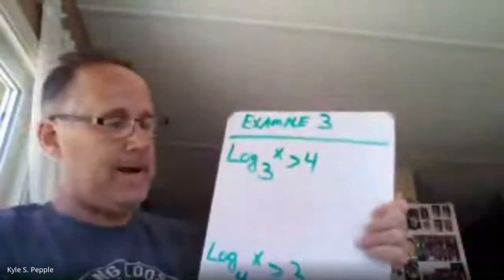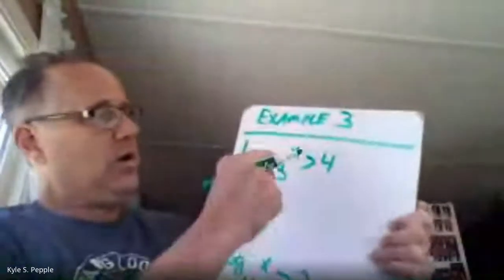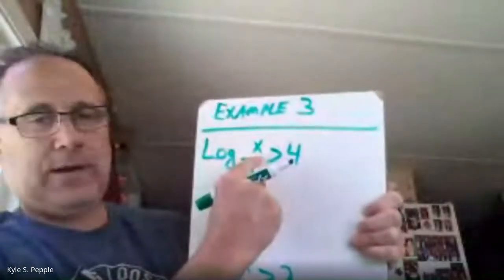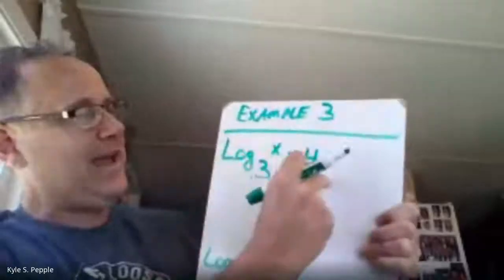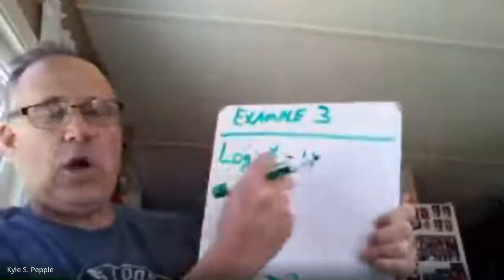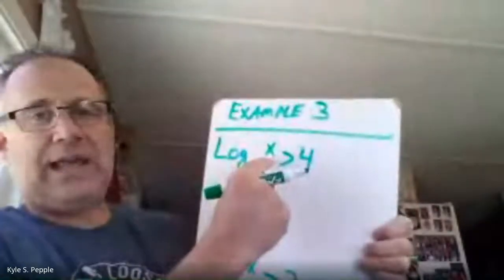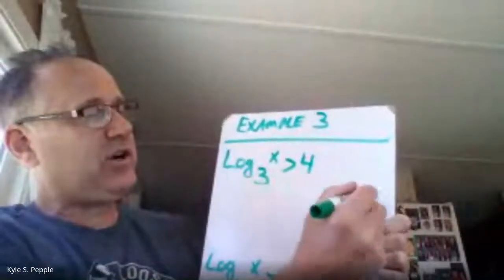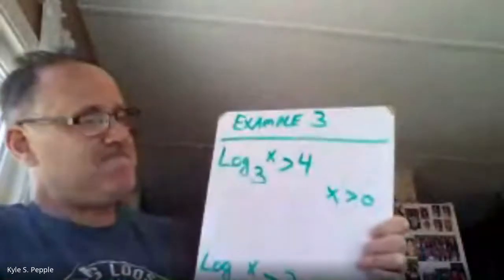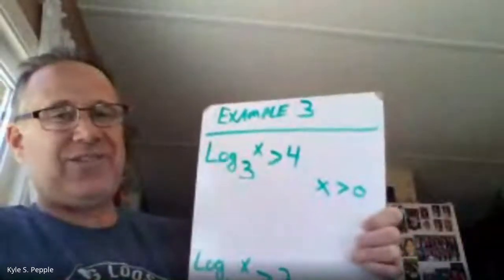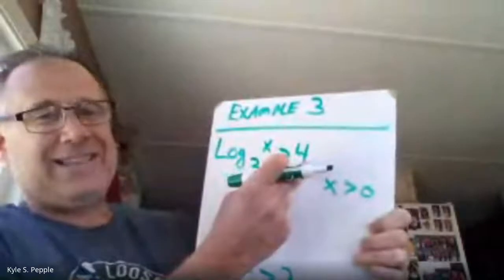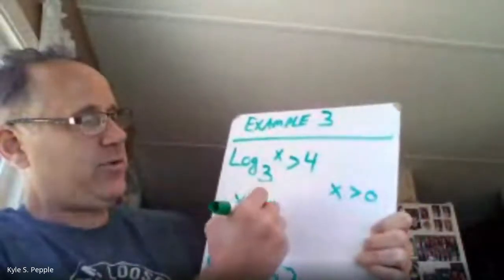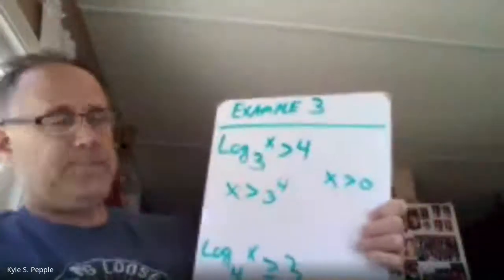All right. So we know we can't have a negative here. So when we have an inequality, this cannot be a negative. So x needs to be greater than 0. We know that x needs to be greater than 0 because when we rewrite this, x greater than 3 to the 4th power, right?